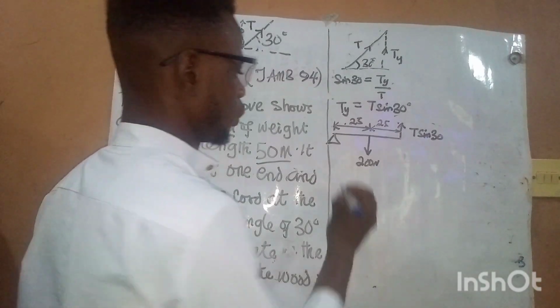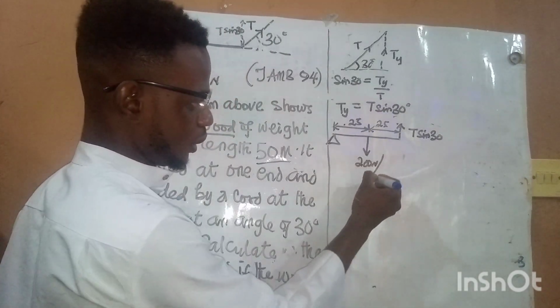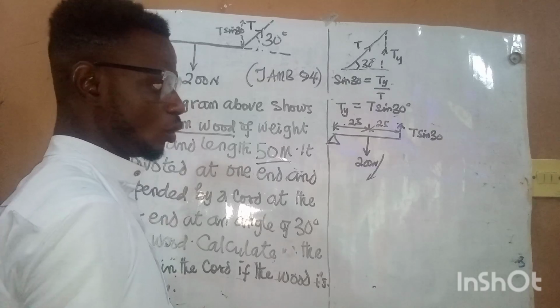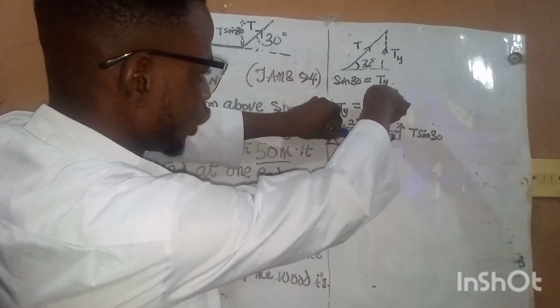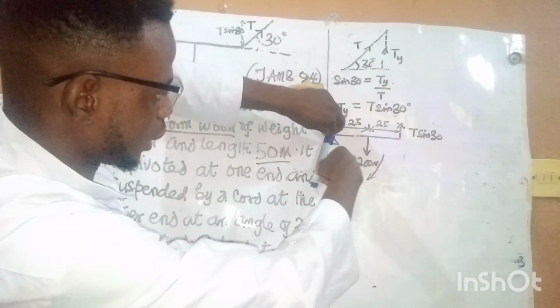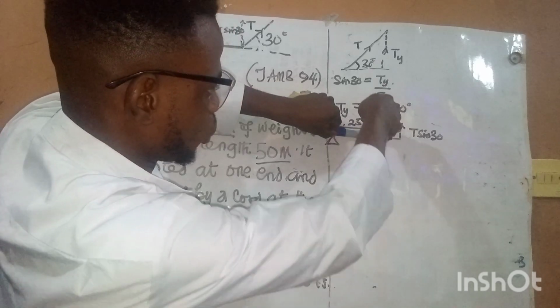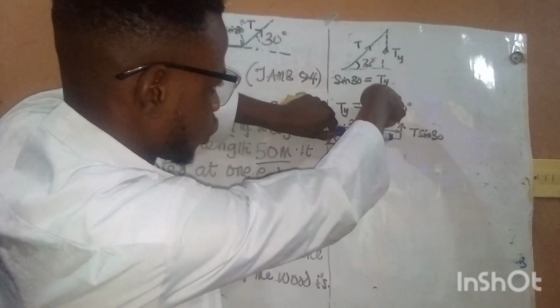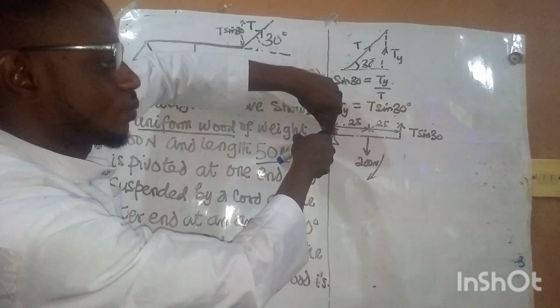Now, this force here, if allowed to act alone, would tend to drag this wood in a clockwise direction. Look at it. This force tends to make a clockwise turning, clockwise moment.